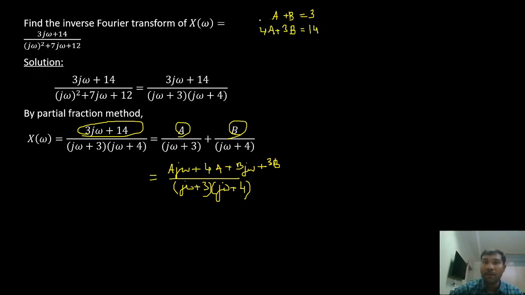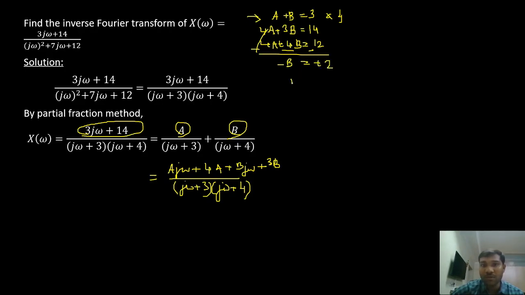Now I'll multiply the first equation with 4. So 4a plus 4b equals 12. Now if I do subtraction, I have minus b equals 2.